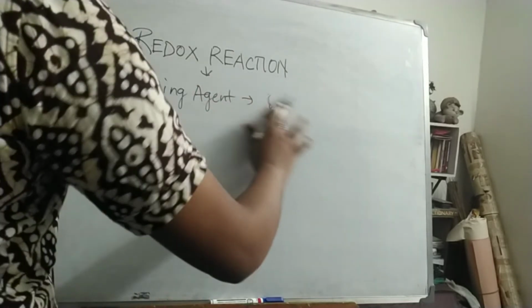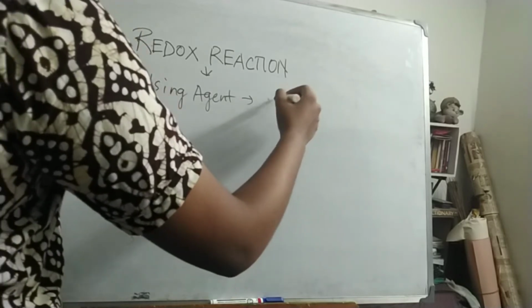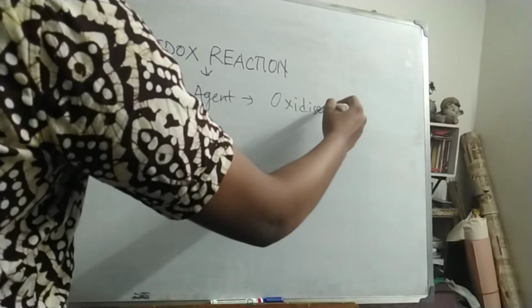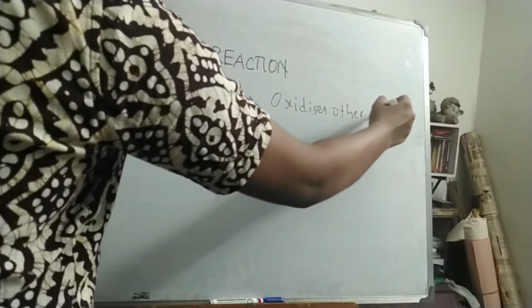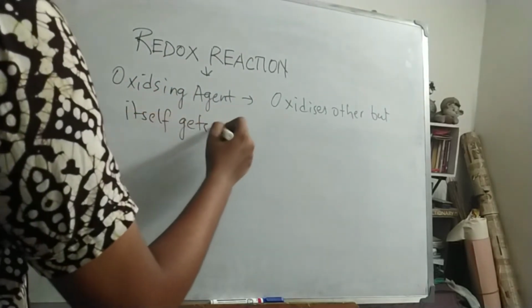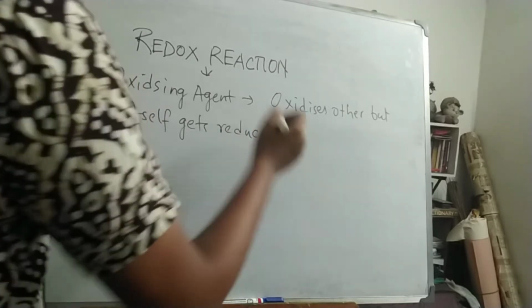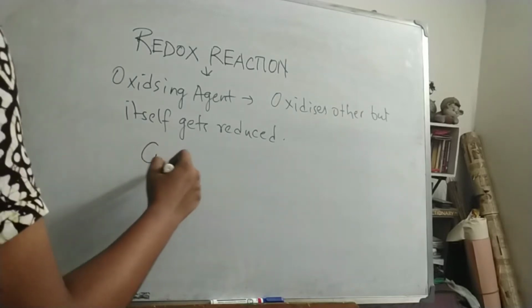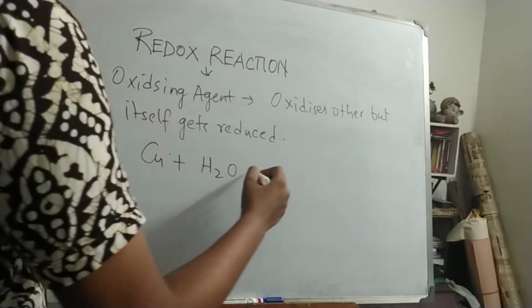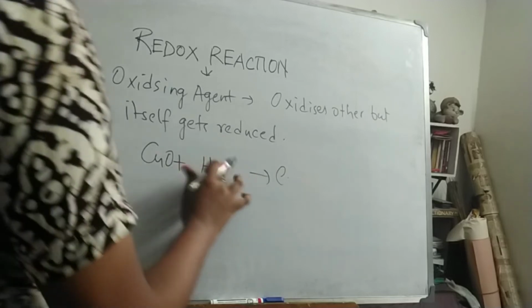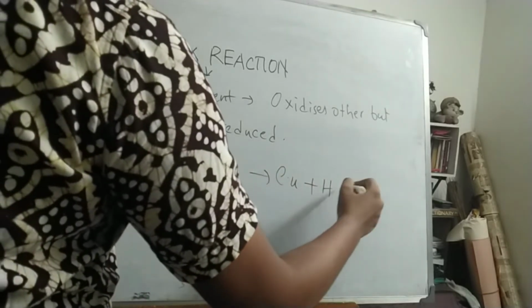Who oxidizes other but itself gets reduced. That is oxidizing agent. Suppose CuO plus H2 will give you Cu plus H2O.